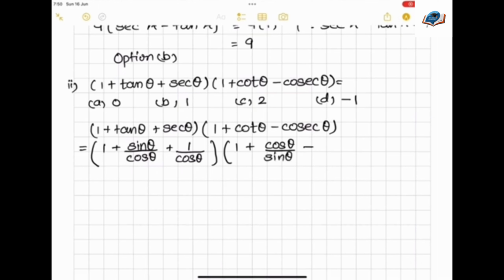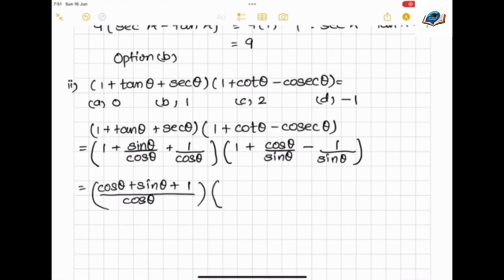Now doing LCM. So LCM will be, in the first bracket, cos theta. So cos theta plus sin theta plus 1 in the numerator upon cos theta. Second bracket I am getting sin theta as denominator. So sin theta plus cos theta minus 1 whole upon sin theta.